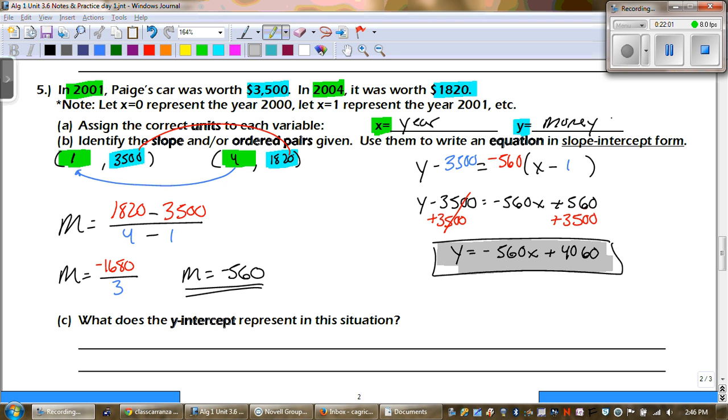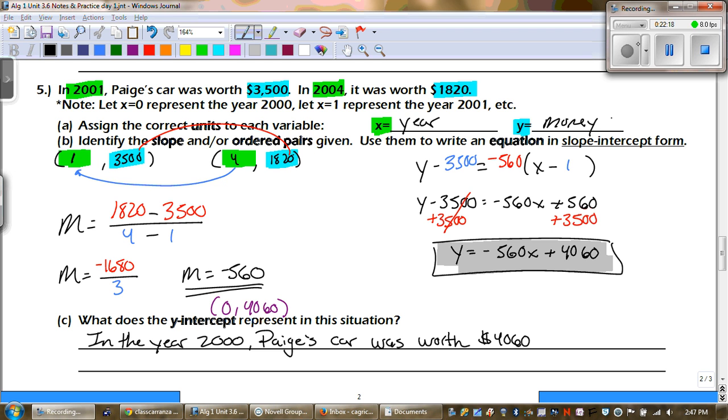Okay, number C, I want you to try it on your own. Pause that video and good luck. Okay, and what it's saying is the y-intercept 0, they're talking about the year 2000. They're saying that Paige's car was worth $4,060.